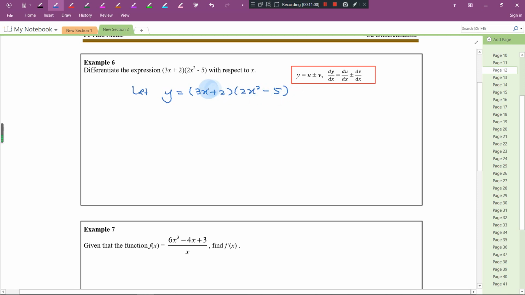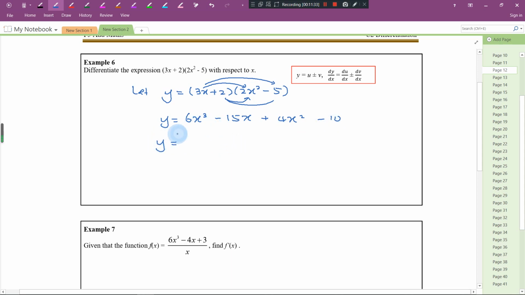In this case, I am going to expand it first. y equal to 3x times this one, 6x cubed, and this time this one, negative 15x, plus 4x squared, and the last one will give us negative 10. Positive 2 times negative 5 will give you negative 10.